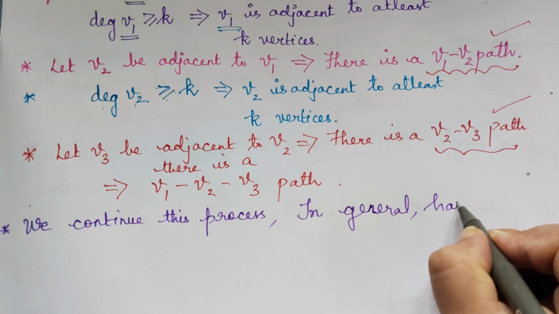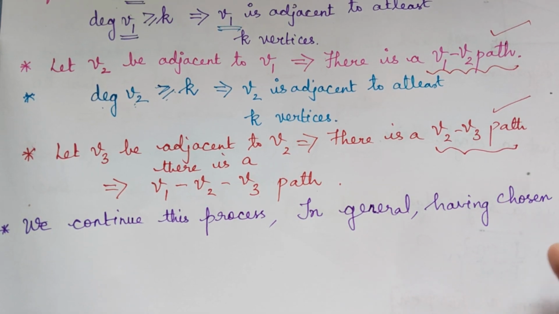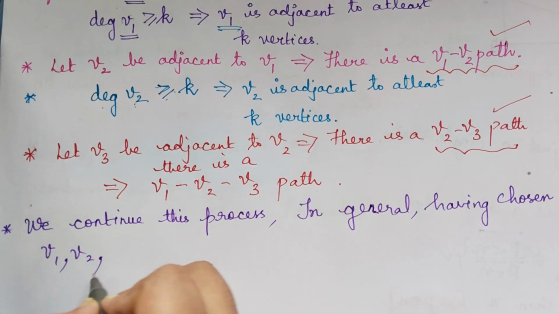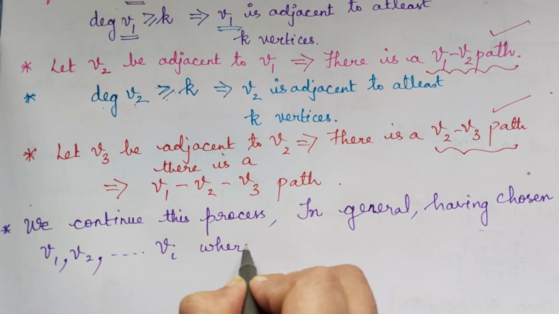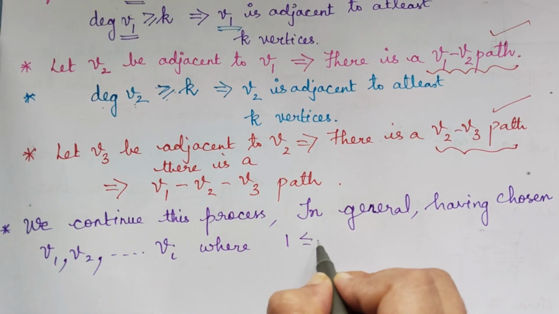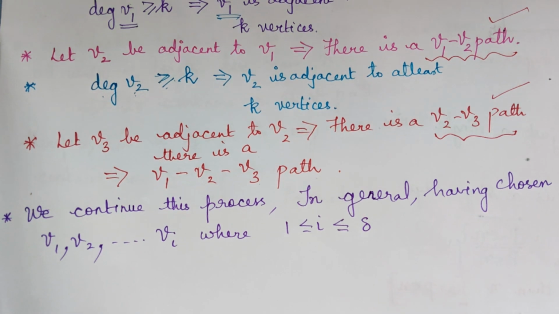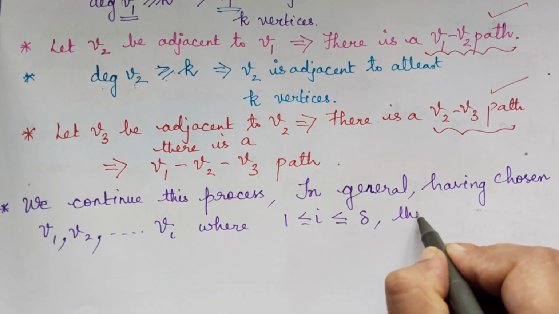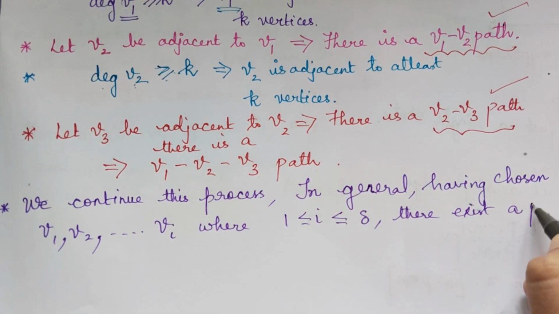Having chosen vertices v1, v2, etc. up to vi, where i is greater than or equal to 1 but lesser than or equal to the minimum degree delta, there will exist a point.